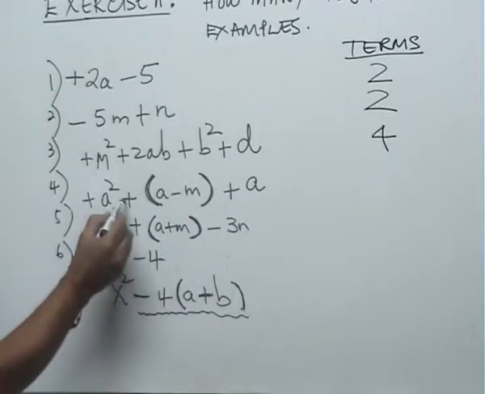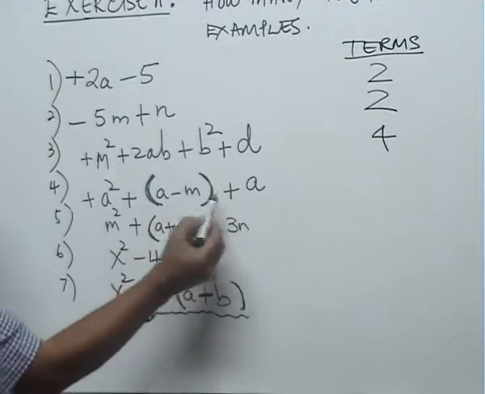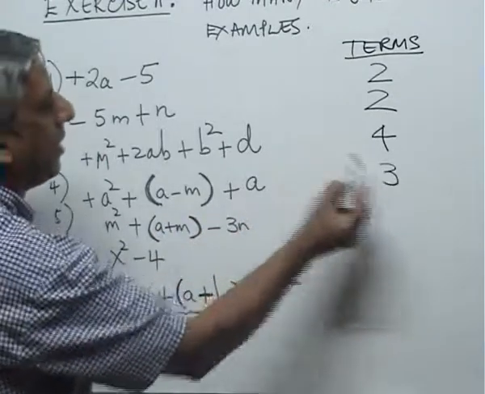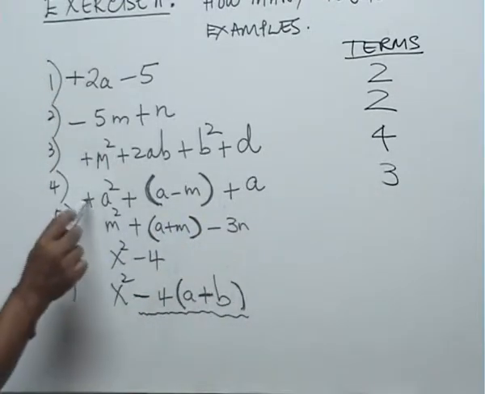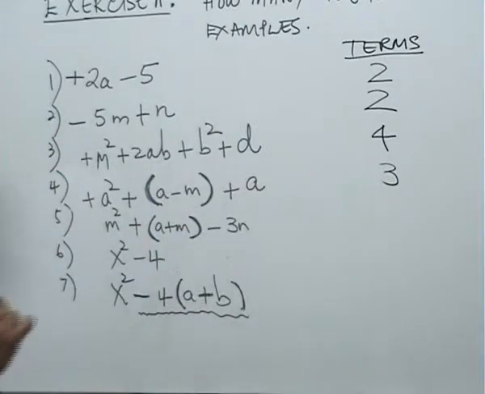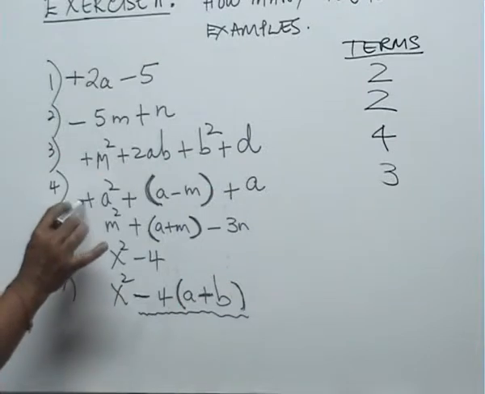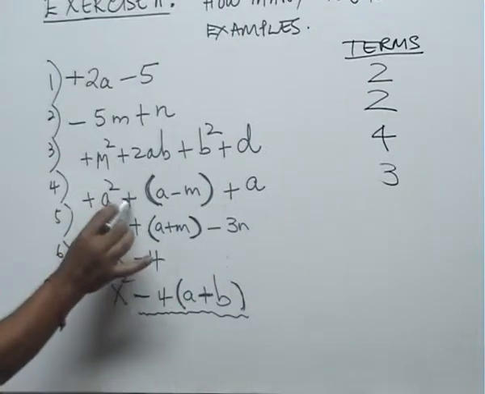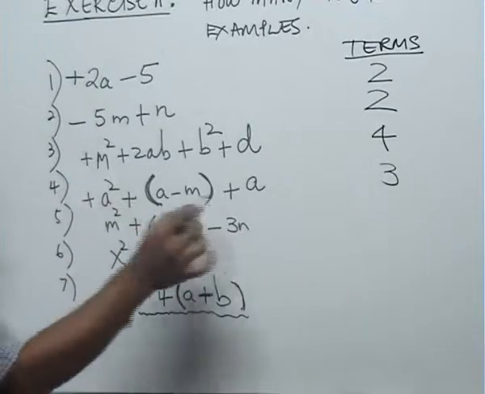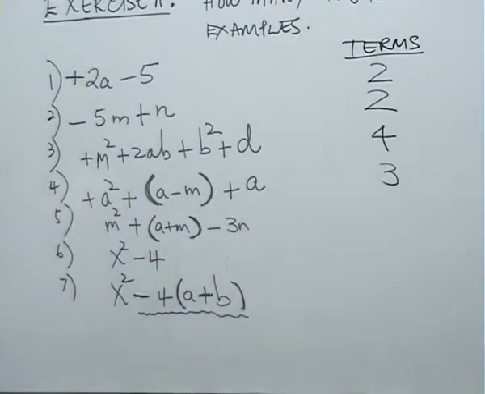So that's one term, that's 2, that's 3. But for lazy people, it'll be 1, 2, 3, 3 terms. For those who like understanding, and that's what we should be all trying for, plus a squared is one term, plus all this is one term, plus that is one term, 3 terms altogether.